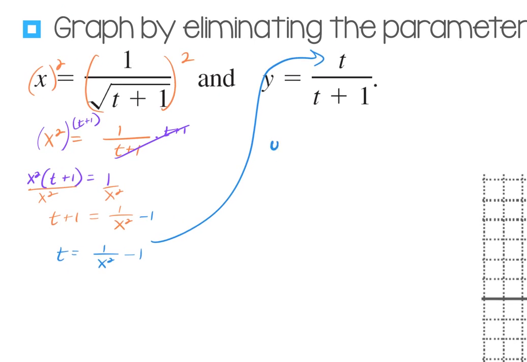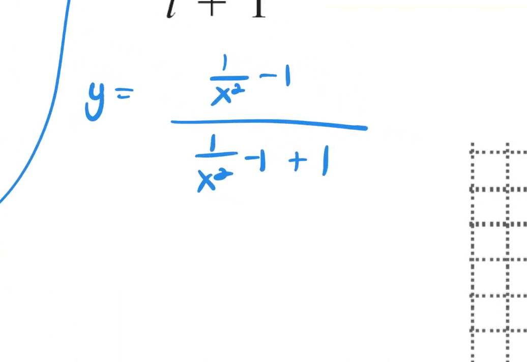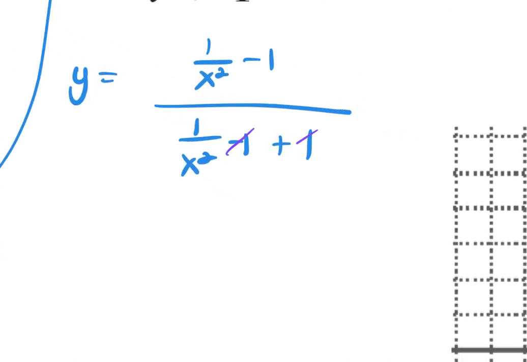So I'd get y equals 1 over x squared minus 1 over 1 over x squared minus 1 plus 1. And then we're going to simplify the bottom. These cancel. I get 1 over x squared minus 1 over 1 over x squared equals y.